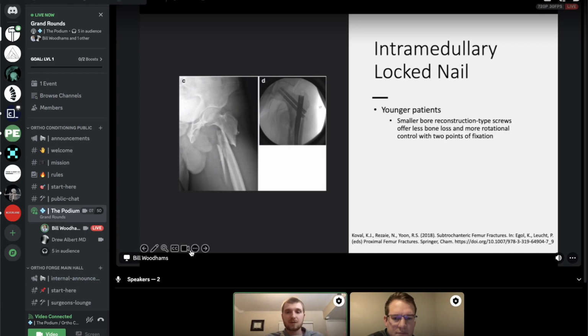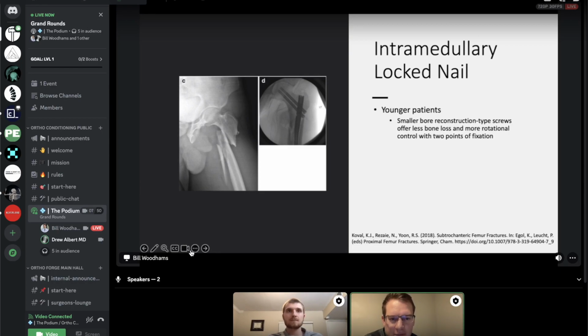Post-op in image D, you have your intramedullary nail with two screws holding it, and 2 points of fixation, which provides a little bit of additional support. This type of nail in that image is called a recon nail. So when you see that with 2 screws, most people would call that a recon nail.